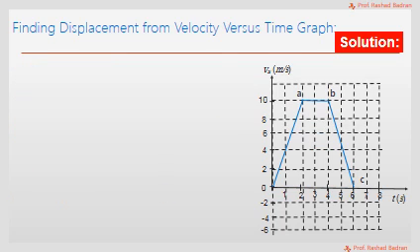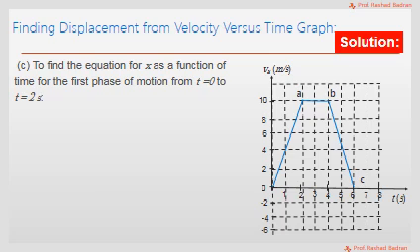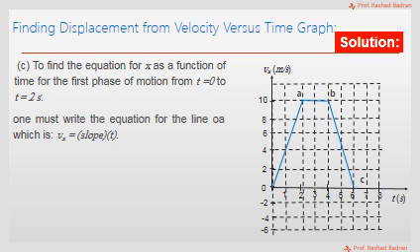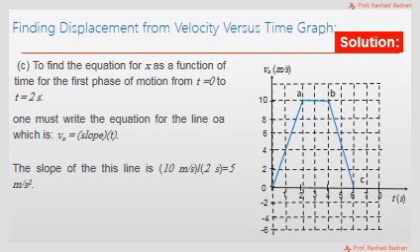To find an equation for x as a function of time for the first phase of the motion, we need at first to find the velocity for the straight line from 0 to 2. And this velocity is nothing more than the product of the slope and t.